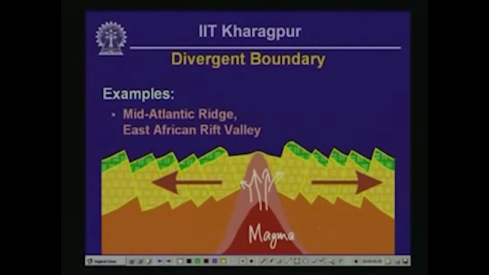And as earlier, the orange shaded area indicates asthenosphere, and this thickness here is the crust or lithosphere, really.